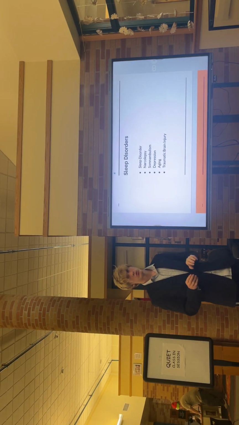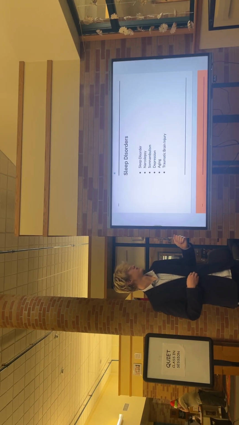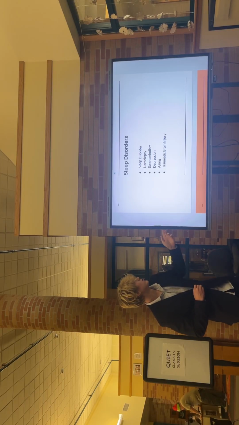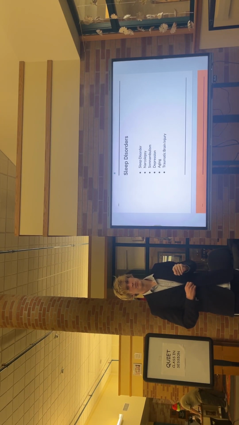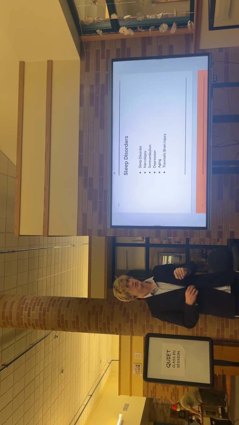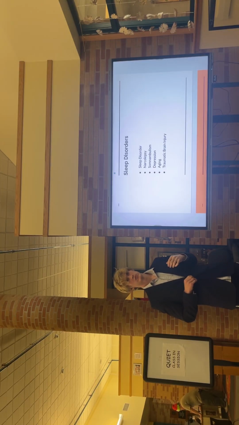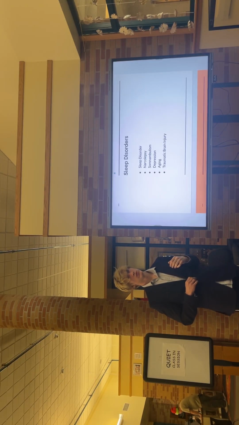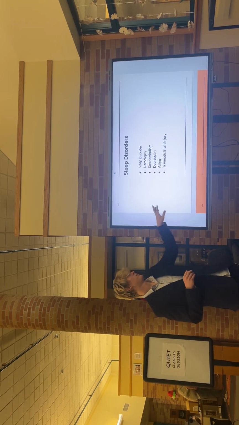And then sleep disorders. I think this will be very important if I end up with someone with something like sleep apnea, which is probably the most common you're going to find. It's pretty much breathing disturbances in your sleep. I don't remember how many had it, but it's somewhat common compared to the rest of these.